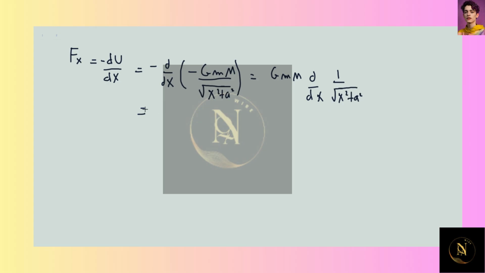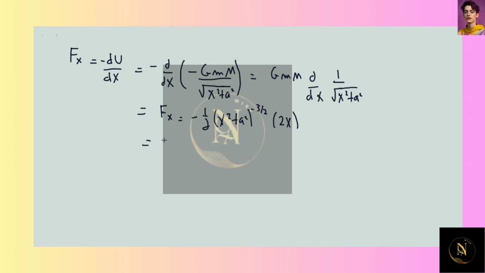So you can do that derivative using the chain rule, and you should find then that the force is going to be negative 1/2 (x squared plus a squared) to the negative 3/2, and then times 2x.